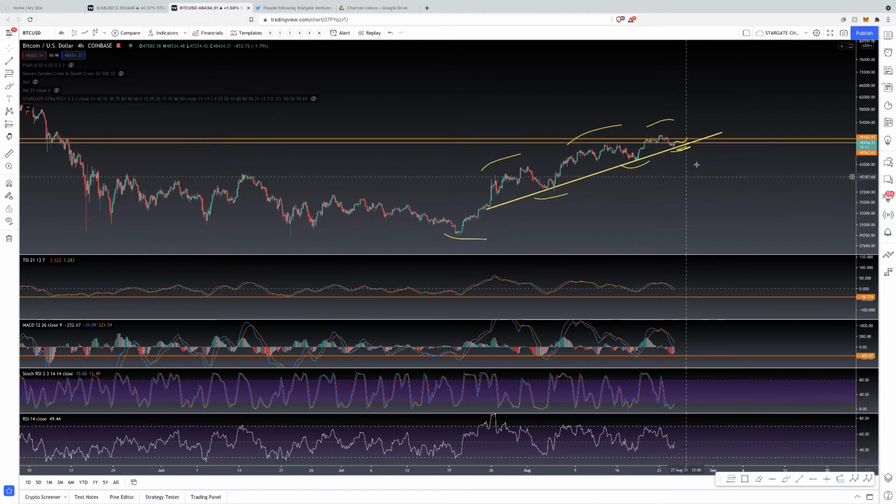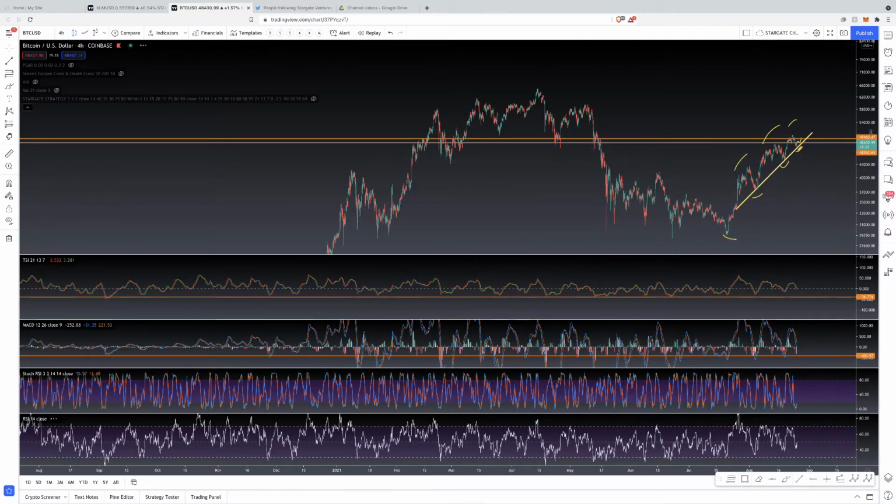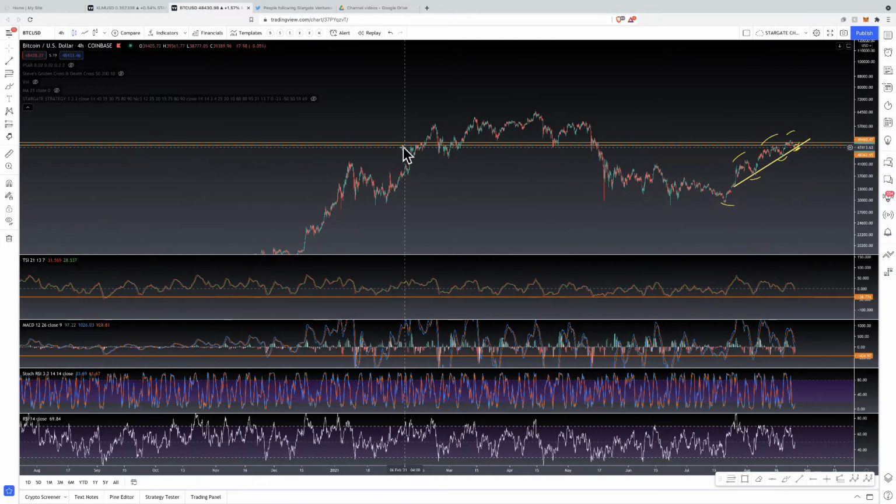So that's what we want to watch out for. We're holding it right now. We want to see it hold this level and keep continuing higher for the market to remain bullish. And it's riding up on this previous resistance / support level right here. Really want to see it break through 50,000 and hold above there.